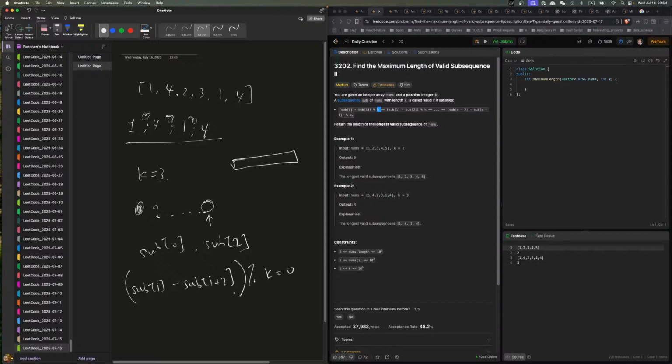And then you need to find the numbers in between. So we start from the second one. But it's not necessarily always the second one. It could be the third one, it could be the fourth one, right? So yeah, that's the difficult part.